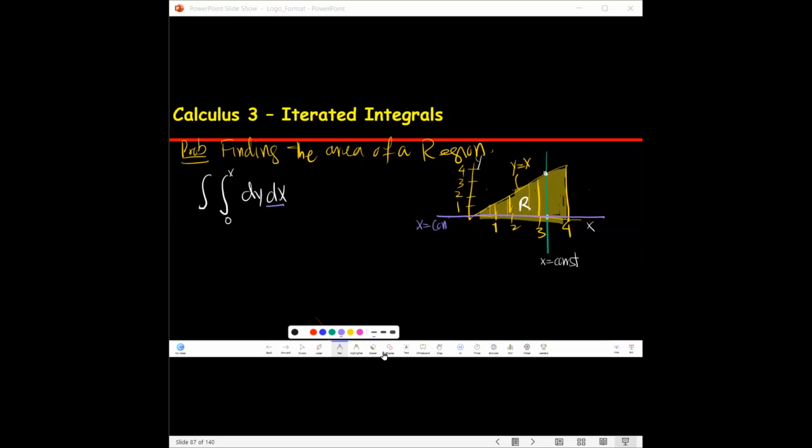Now, in this line, y is constant, because I'm solving for x. The second condition is that y should be equal to 0. That's the starting point. And y should be equal to the maximum on the other end.